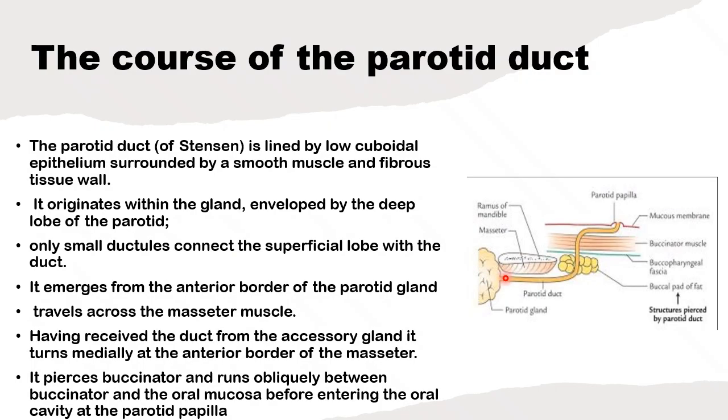At the anterior part of the gland, Stensen's duct starts at the anterior edge of the gland and travels over the masseter muscle almost horizontally, and then after 1.5 centimeters from the end of the masseter muscle, it pierces the buccal pad of fat and then pierces the buccinator muscle and travels diagonally under the oral mucosa to open into the parotid papilla over the second upper molar, or between the first and the second upper molar tooth.